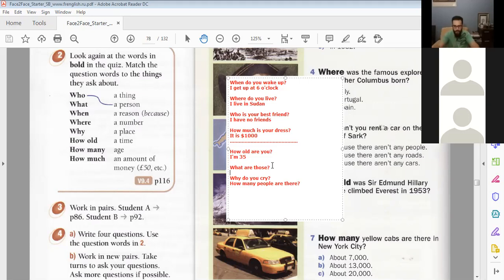Those are my... I see computers in front of me. Okay, for example, those are my computers. Right, those are my computers.